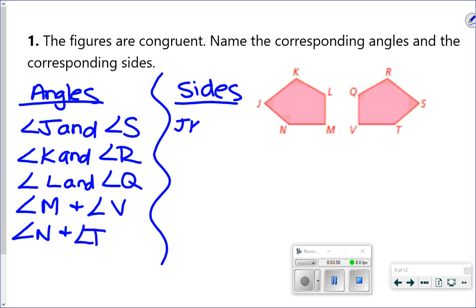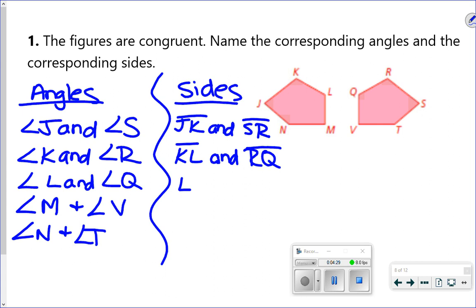Make sure your letters match up those corresponding angles. So JK, don't forget the line on the top, and RS are going to correspond. Now I want to make sure, since I wrote J first, I actually want to write SR. J and S are the corresponding angles. They both have to be written first. Okay, and then I'm looking at my next one here, and it looks like KL and RQ correspond.